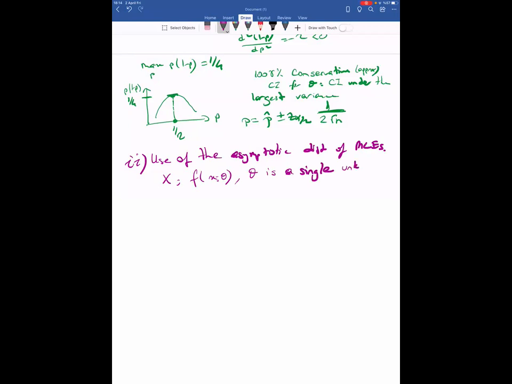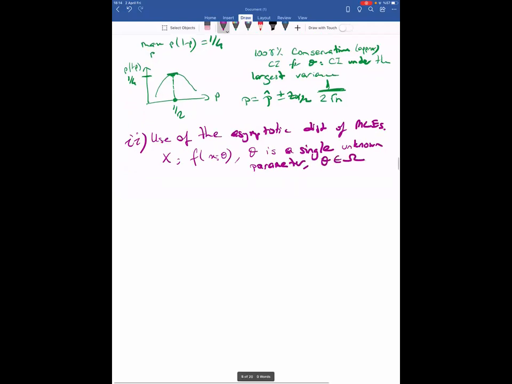So we don't have other unknown parameters. We can have, but in this course we are not focusing on these. And let's say theta hat is the MLE of theta obtained by differentiation, not intuition.